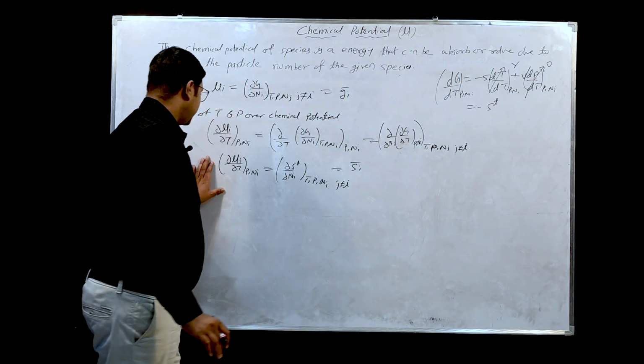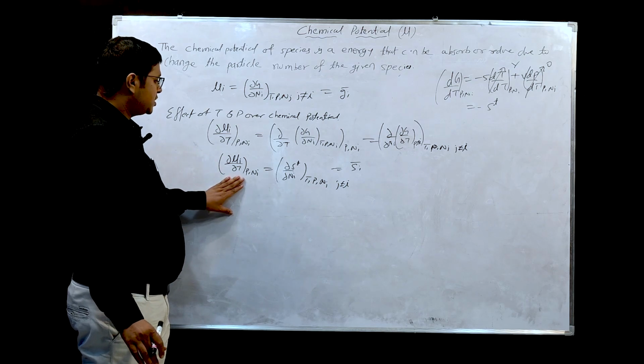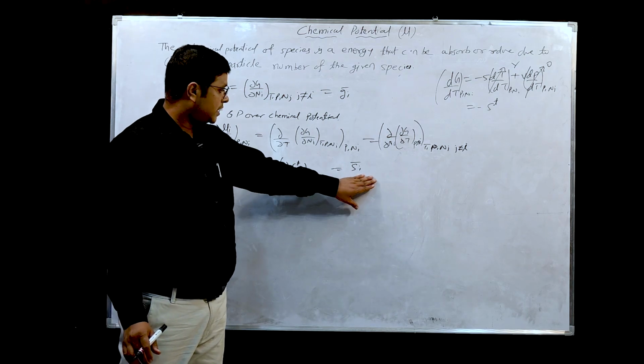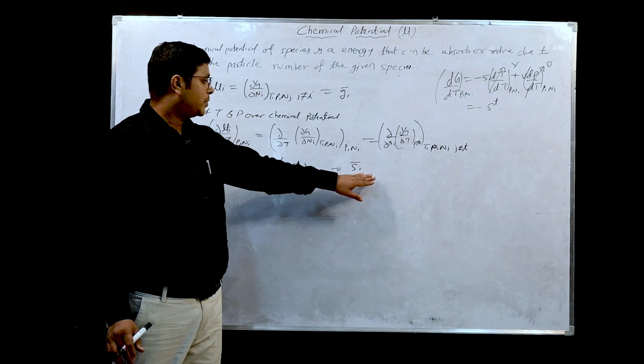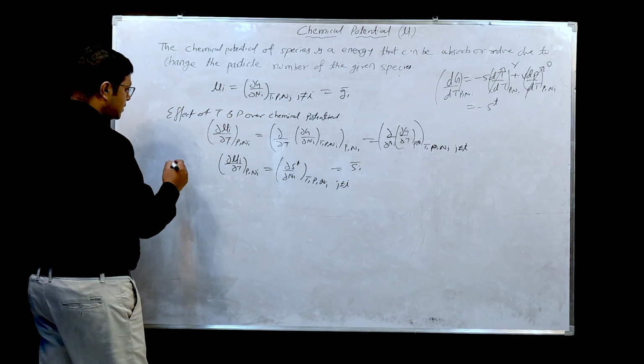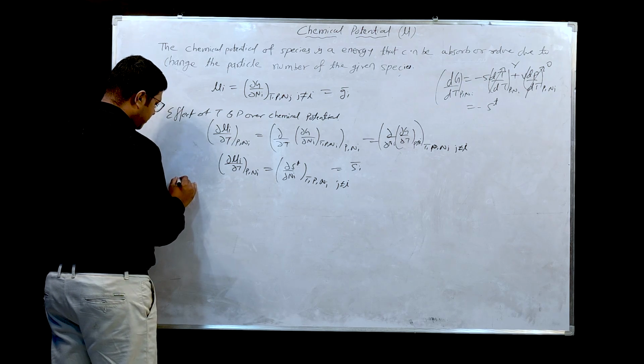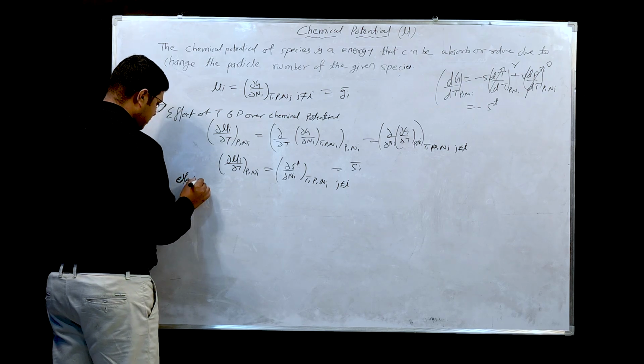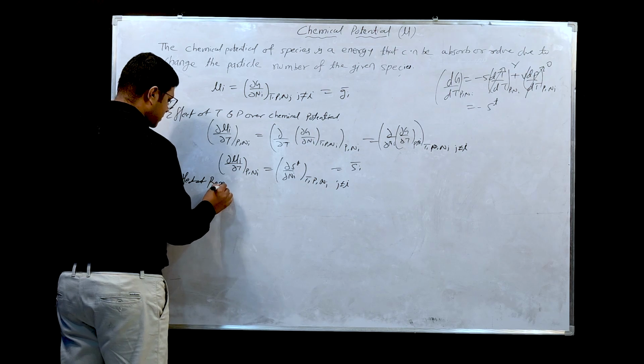So the change in chemical potential with respect to temperature is considered as the partial molar entropy. In a similar way, let's see the effect of pressure.